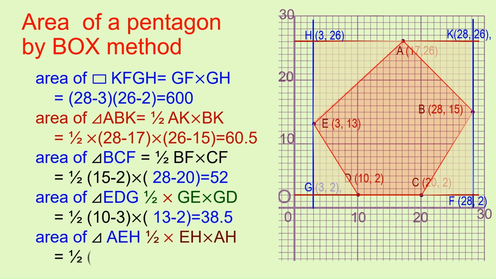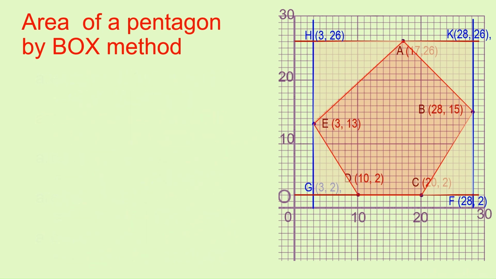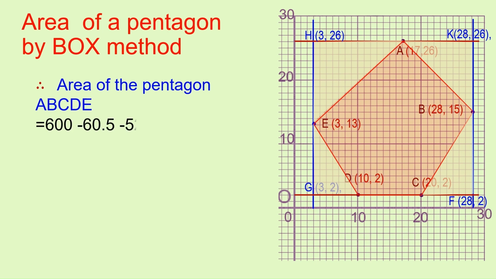Area of triangle AEH equals 1/2 EH times AH equals 91. Therefore, area of the pentagon ABCDE equals 600 minus 60.5 minus 52 minus 38.5 minus 91 equals 358.